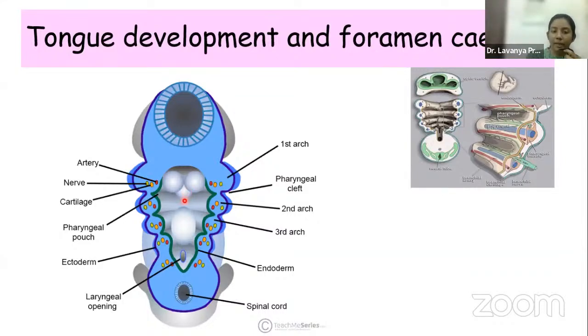We will end up with a proliferation of the mesodermal cells just dorsal to this tuberculum impar, which becomes the beginning for the formation of the thyroid gland.